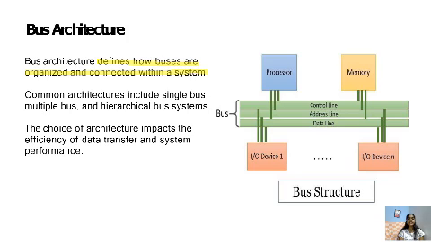And now let us see the next subtopic, that is bus architecture. Bus architecture defines how buses are organized and connected within a system. Common architectures include single bus, multiple bus, and hierarchical bus systems. The choice of architecture impacts the efficiency of data transfer and system performance.